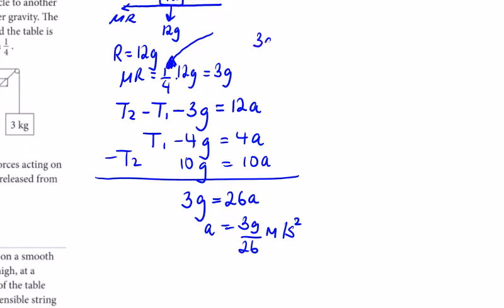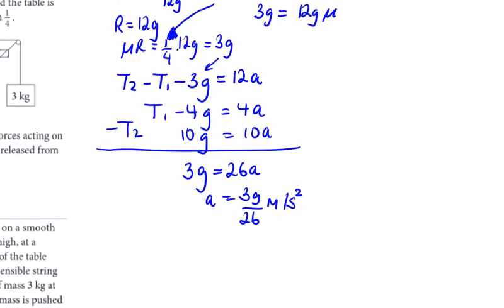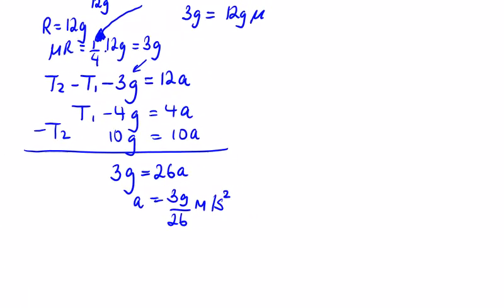So the 3g came from 12g times a quarter, but now it's 12g times mu. So if we just change that quarter to a mu, or change this 3g to 12g mu, we should be able to get a value for a, and that we can let equal 0, and hopefully that will solve down to give us a value for mu.